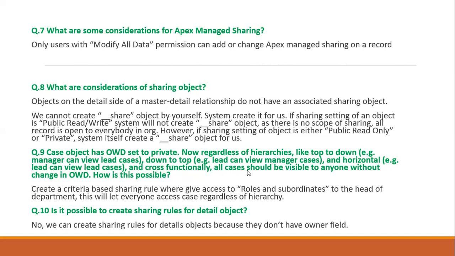Across functionality, all cases should be visible to anyone without a change in the OWD. How is this possible? Create a criteria-based sharing rule where you give access to the role and subordinates of the heads of the department. This will let everyone access cases regardless of the hierarchies.